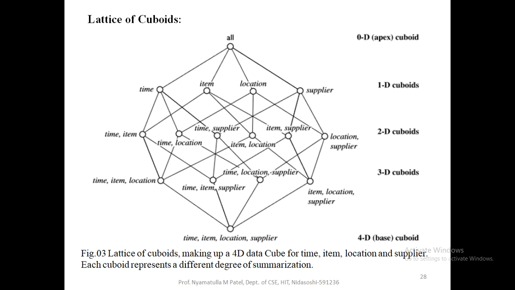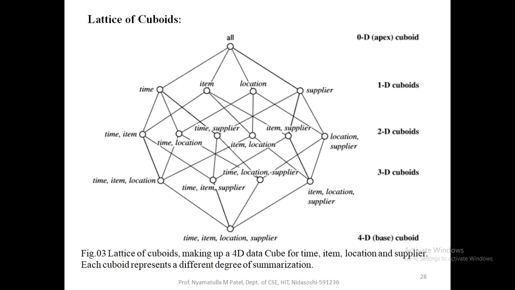If you want two parameters, such as time and item, item and location, item and supplier, time and supplier, or location and supplier, you can access them from the 2D cuboids. If you want 3 things, you can access them from the 3D cuboid. And if you want all the data related to time, item, location and supplier, you can access it from the 4D cuboid. So, each level of extraction is present here.